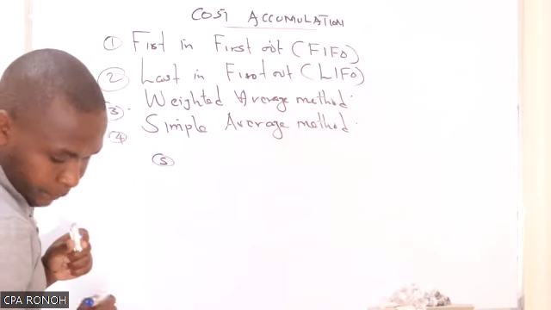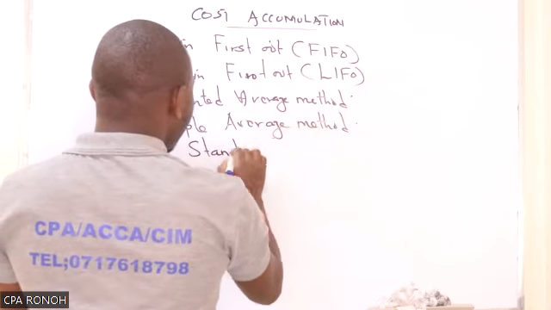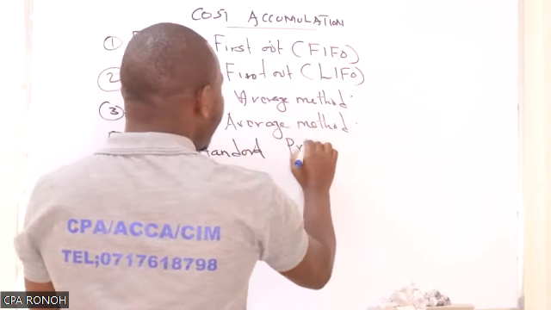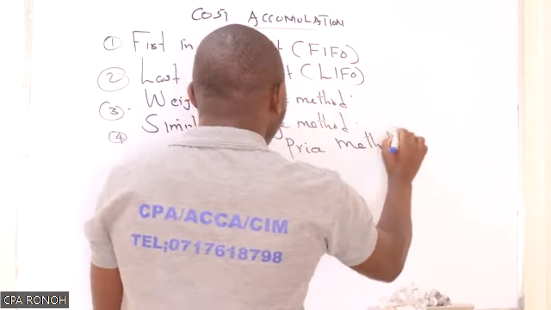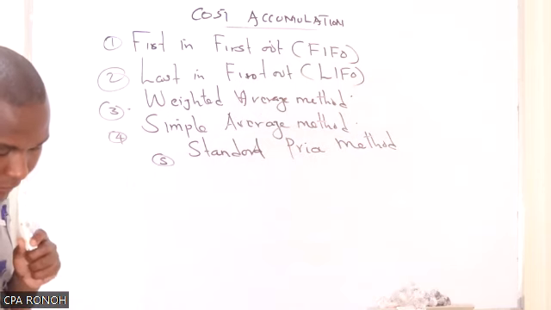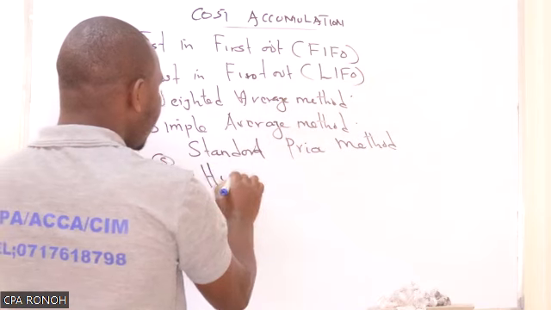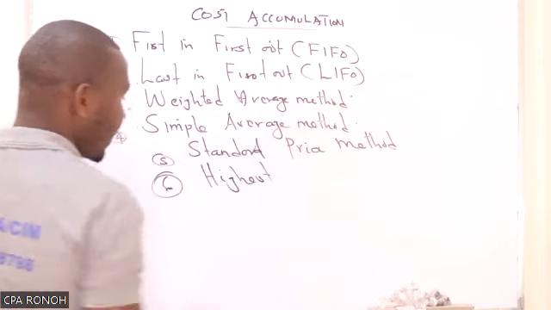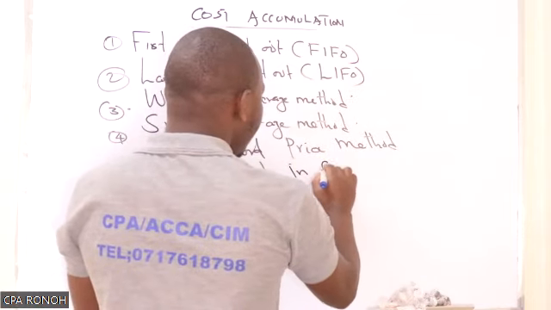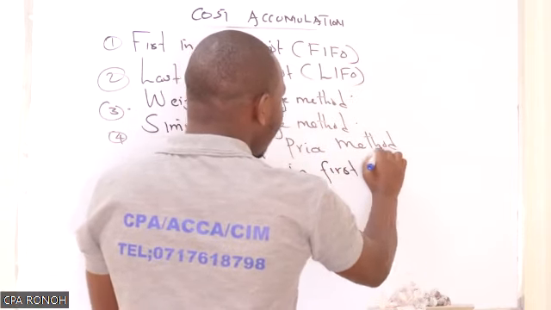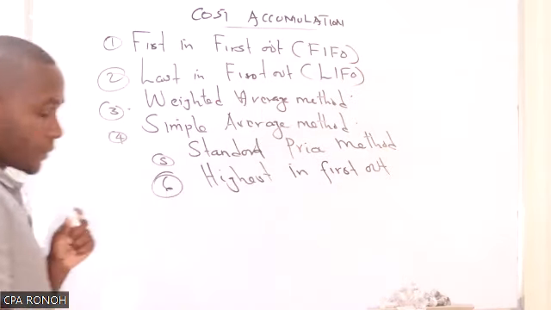Number 5, the standard price method. Then we have the last one, number 6, highest in first out method.